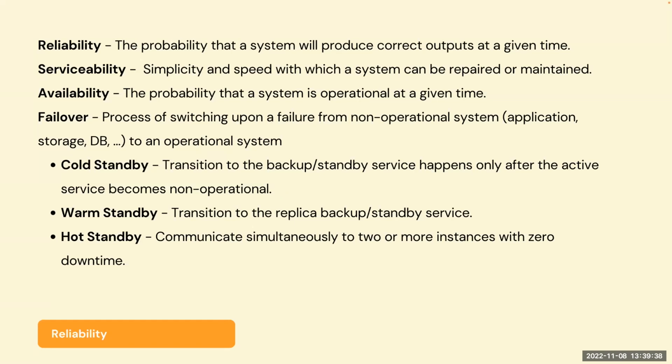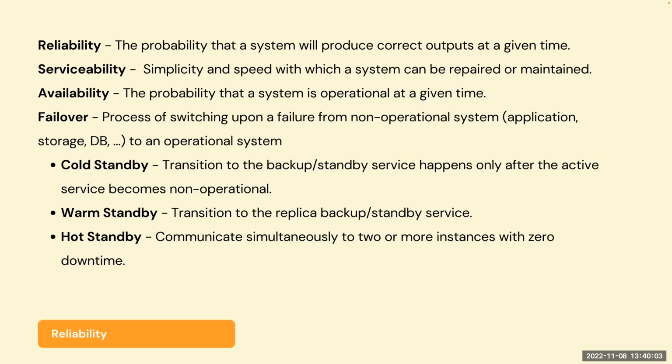Warm standby is a bit better in a way that it will continuously talk to your active, let's say, database instance and pull the changes. But you will still lose some data, though less. And another one is hot standby, which is active.